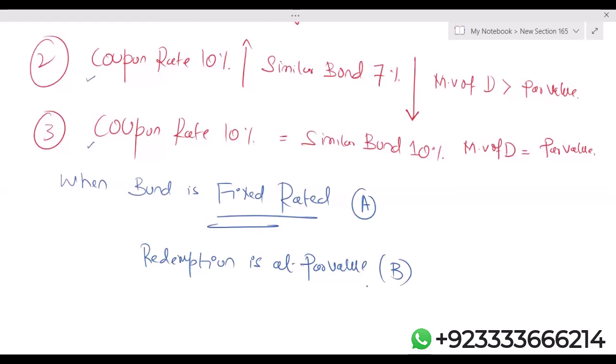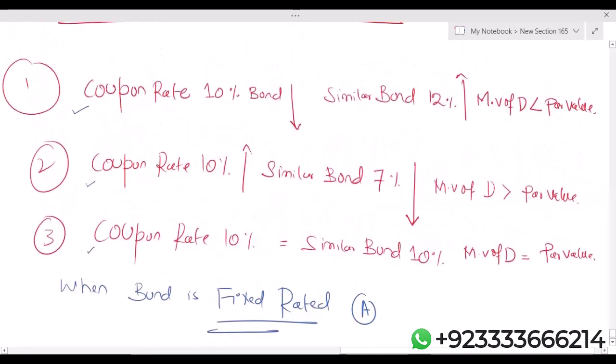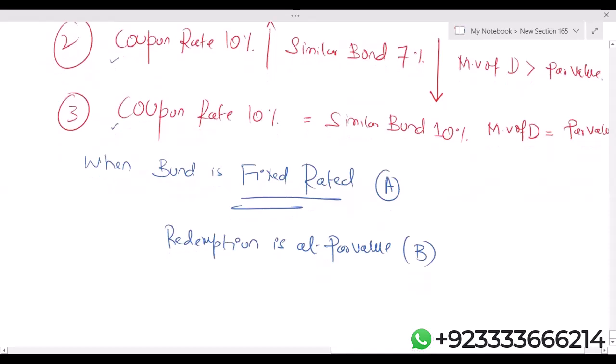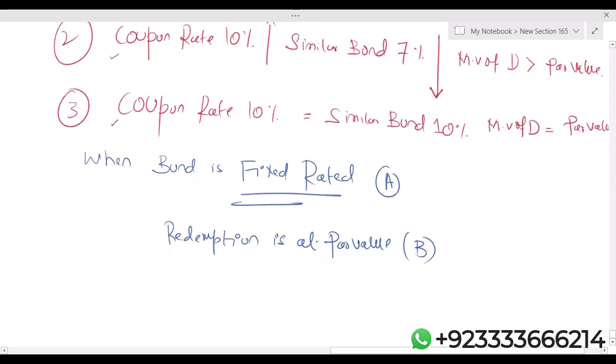So logically, students, listen carefully. Your bond could have a market value more than par, less than par, or equal to par. All these 3 options will exist only when the bond your company has issued has a fixed interest rate, and the second is that redemption will be at par value.